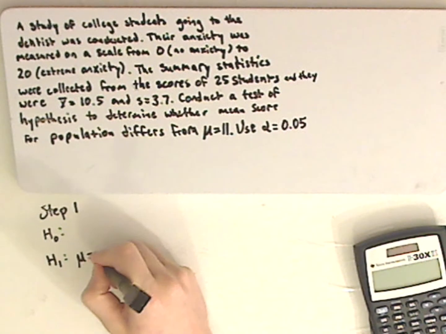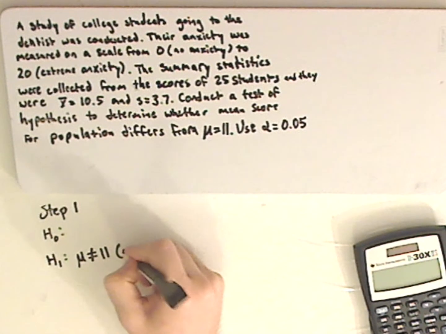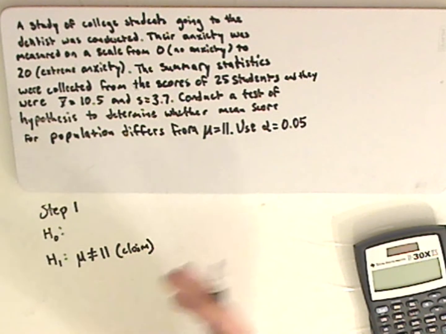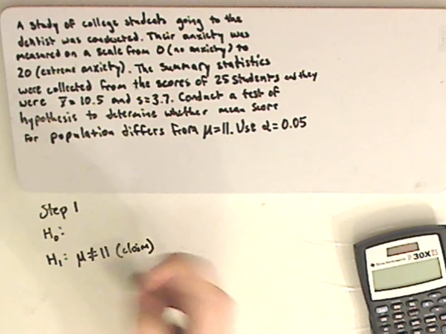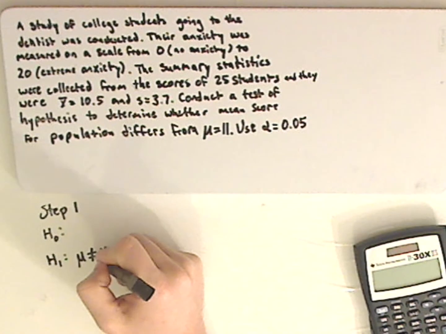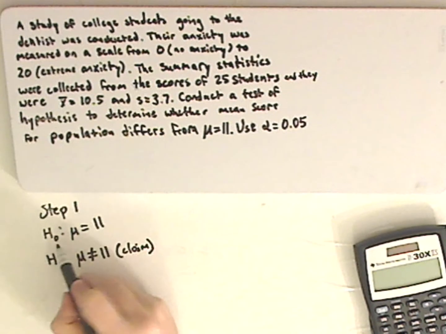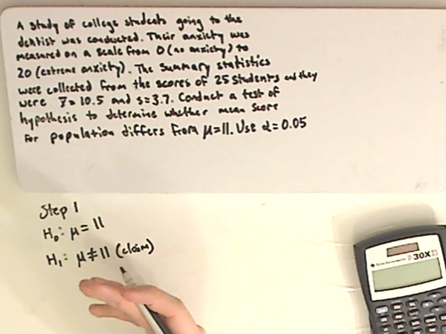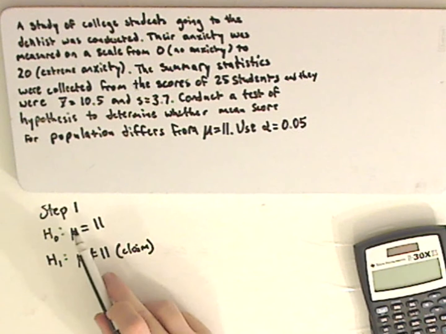So your alternative hypothesis would be your claim, and it's when it's not equal to 11. Label that as claim. With my students and with some textbooks, how you do the null hypothesis differs, but here it's always going to be the same. The null hypothesis always includes equal, and the alternative hypothesis always does not include equal. So here the alternative is not equal, and the null is equal.